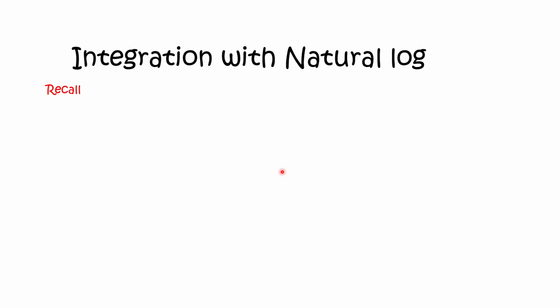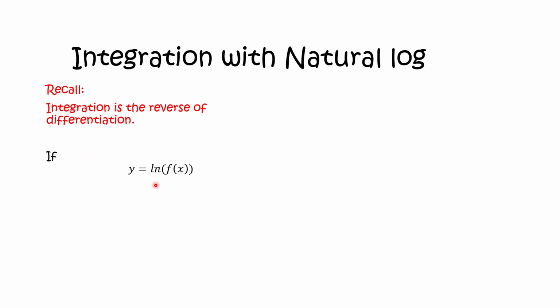Diving into what we'll be looking at today. Recall, integration is the reverse of differentiation. Then, if y is equal to natural log of f of x, when we differentiate this, we would get our dy dx as f prime of x over f of x.